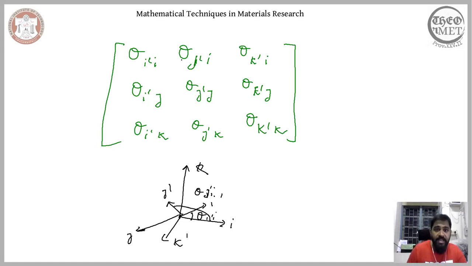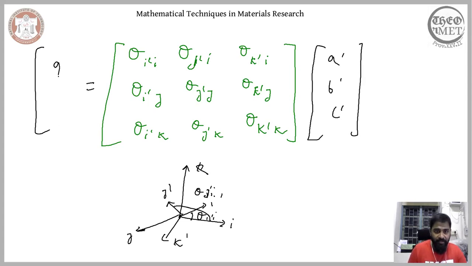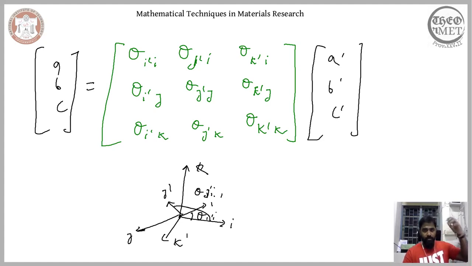So these are the angles between the corresponding bases, and using these angles we are relating the components of the original B vector to those of the original A vector. Essentially we have one vector existing in its own space, another vector existing in its own space. We bring these two vectors together and form a new space, and in this new space we are trying to relate these two vectors.